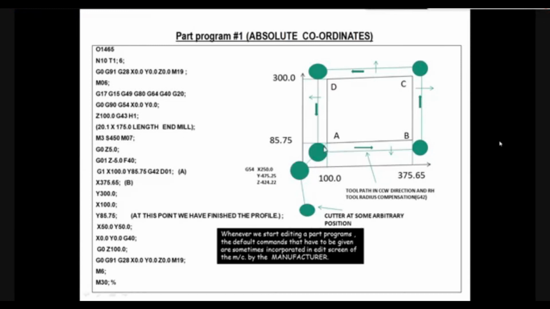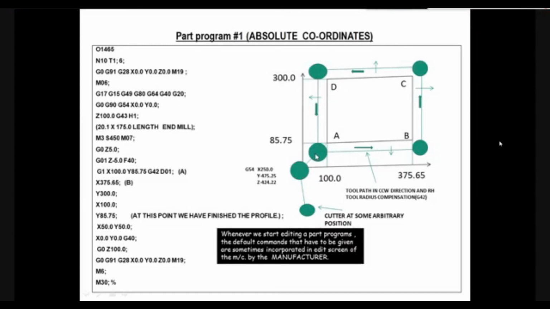That means the cutter will travel from here to D, and then from D to A up to here. So at Y85.75, at this point, we have finished the profile. We have finished the square profile here. And then the cutter is instructed to get back to X50, Y50. That means this is 100, 85.75, no? This point.